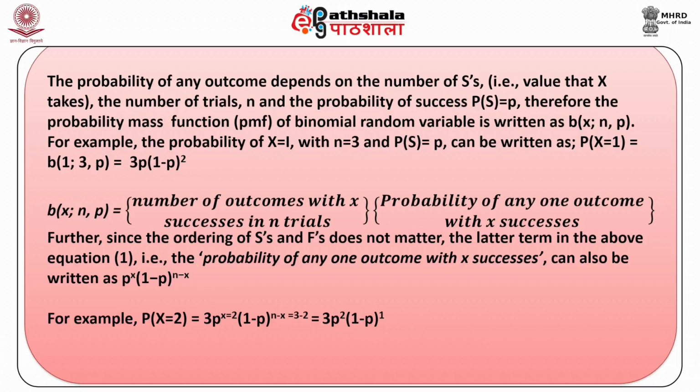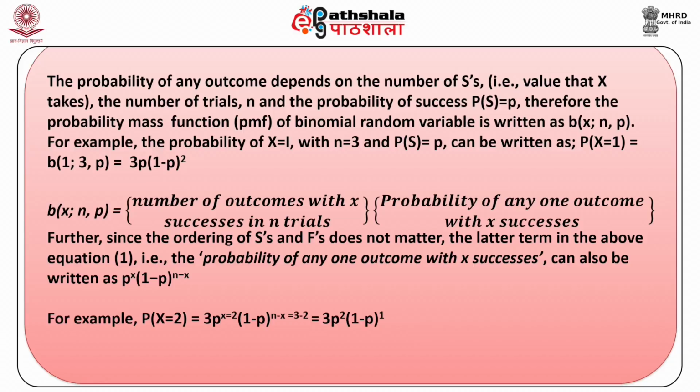For example, the probability of x equal to 1 when n is equal to 3 and probability of S is equal to P can be written as probability of x equal to 1 is equal to B, in the bracket 1, 3 and P, which we have already seen is equal to 3P times (1 minus P) whole squared.